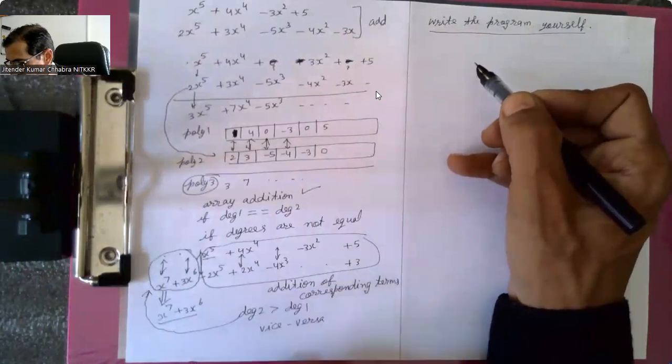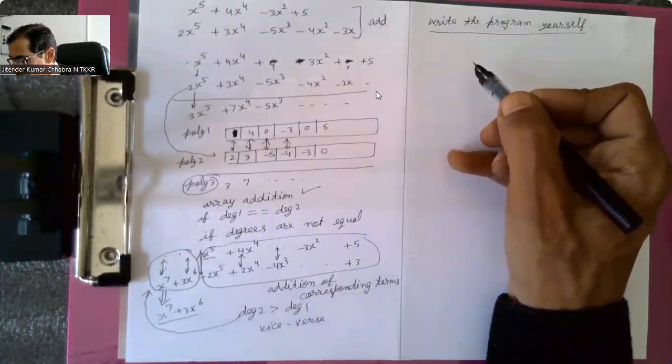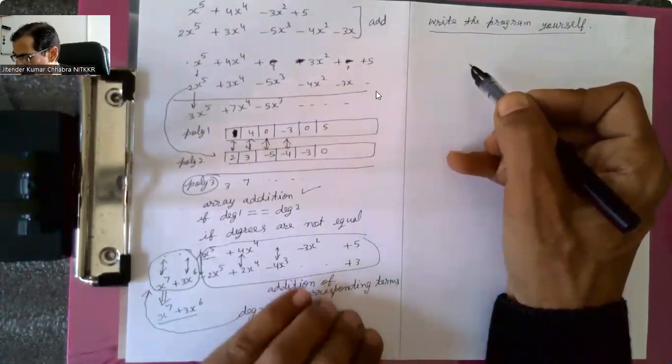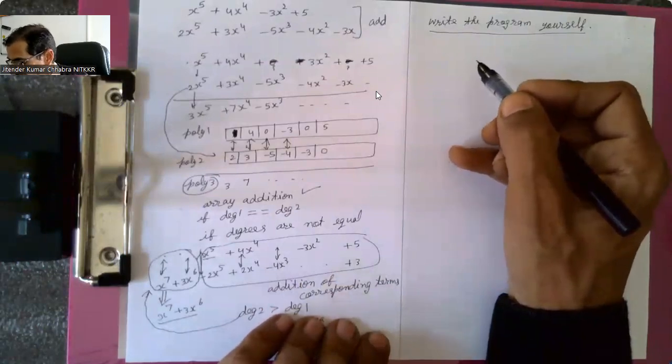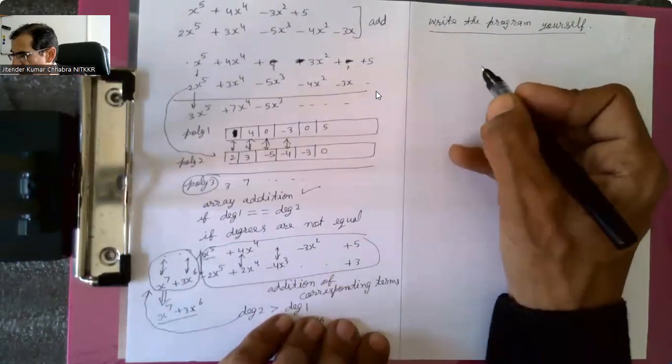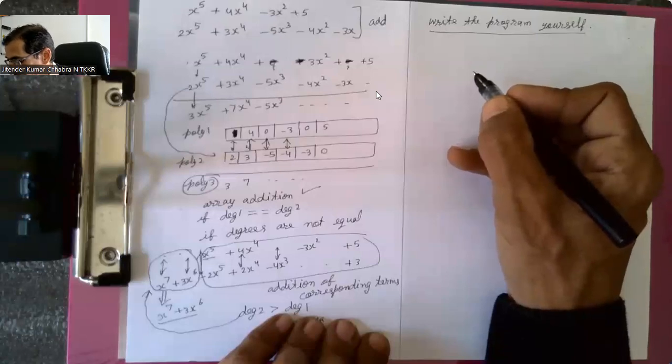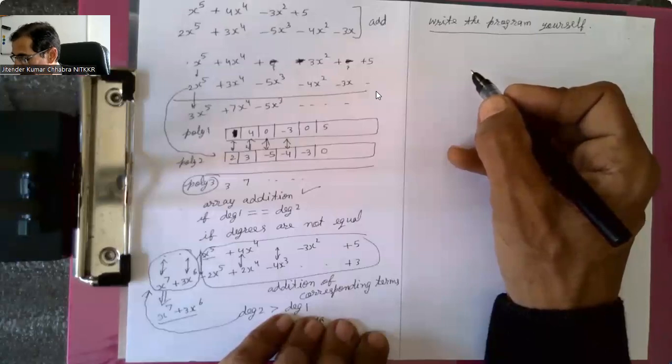Those who are looking at the video should pause here and try to implement, and then once you are able to do it partially or fully, you can come back to this video and see what you have missed. Those who are uncomfortable, those who think it is not clear at all, for the first few classes you can look at the solution partially, which I will be telling, but later you should attempt to write it yourself.